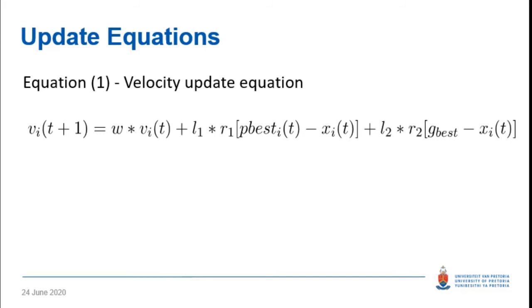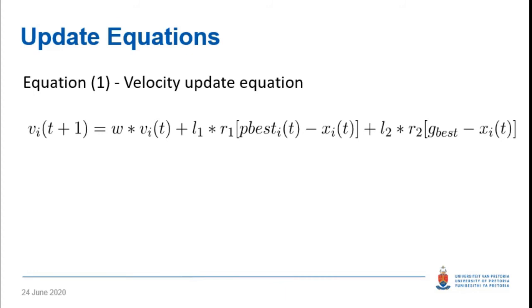Alternatively, there are equations that you can use for w, and that also requires some initial value set in those equations. So you can work with a very simple inertia value, or you can get quite complicated. The next component of the equation is the component that's updating the velocity by taking into consideration the difference between the local best position and the current position of the particle.